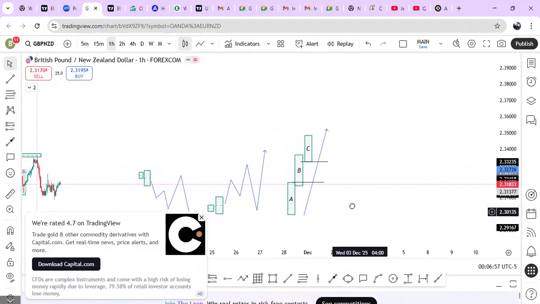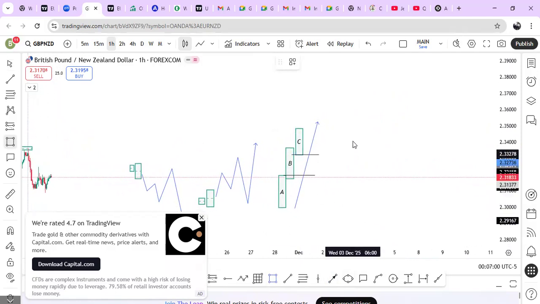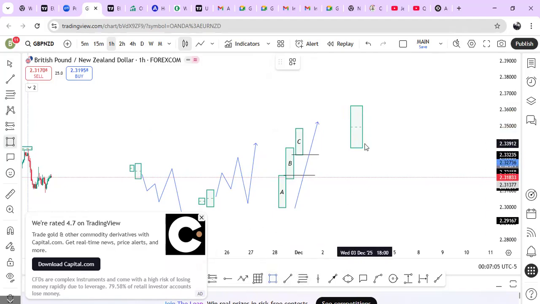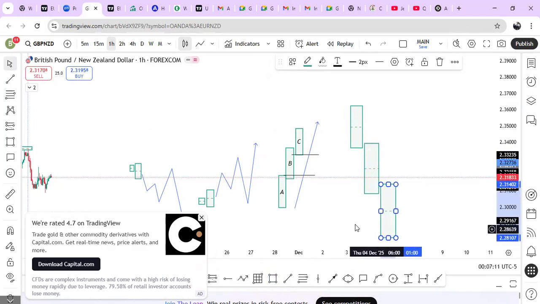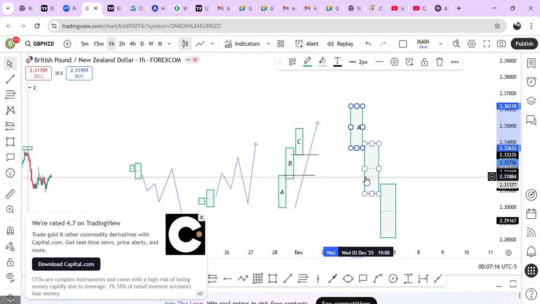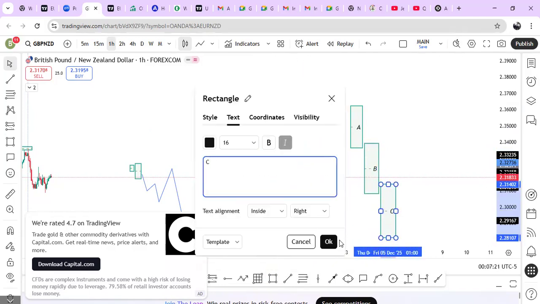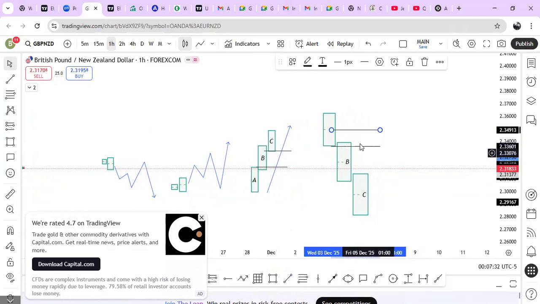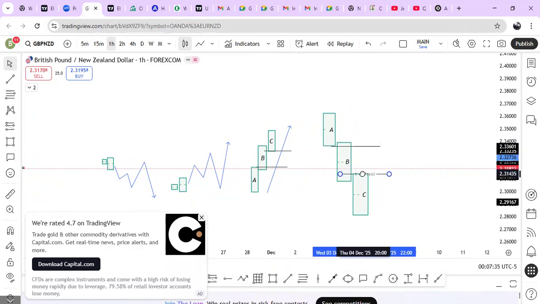Then the bearish fair value gap is the reverse of this one. You see 4 sell candles going together. That's the first one, second one, the third one. So now A candle will be here, B candle here, C candle here. The gap created on candle B is from your candle A low to candle C high.